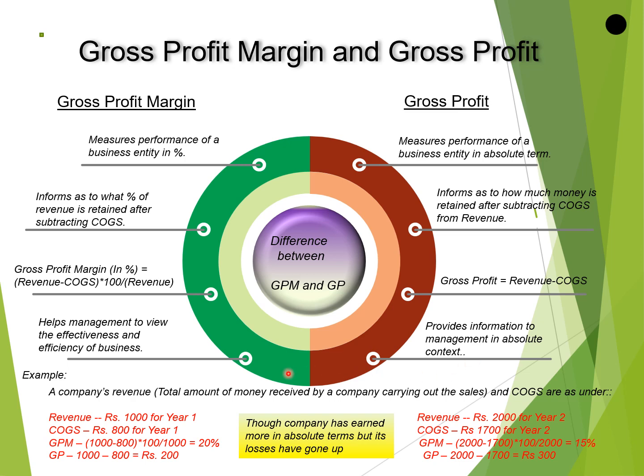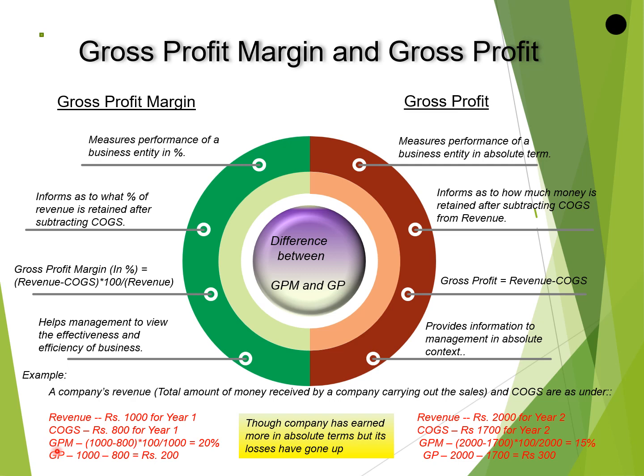Let's take one example to make things more clear. Suppose a company's revenue, the revenue is the total amount of money a company received by carrying out sales. So a company's revenue and COGS is as under. Revenue in first year was 1000, COGS was 800.